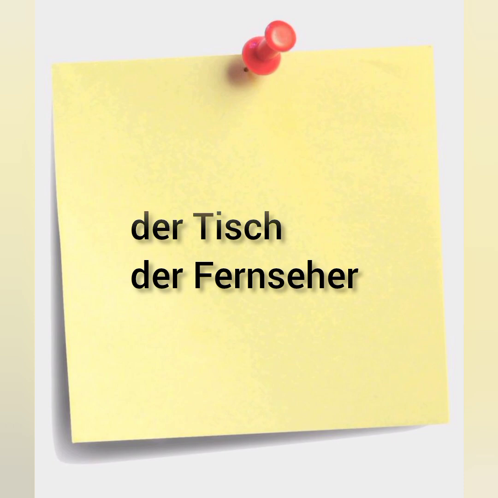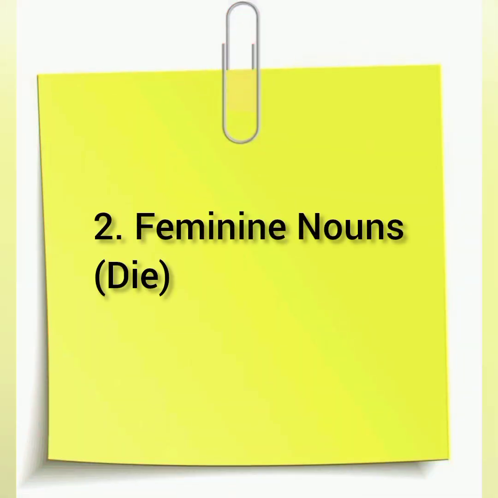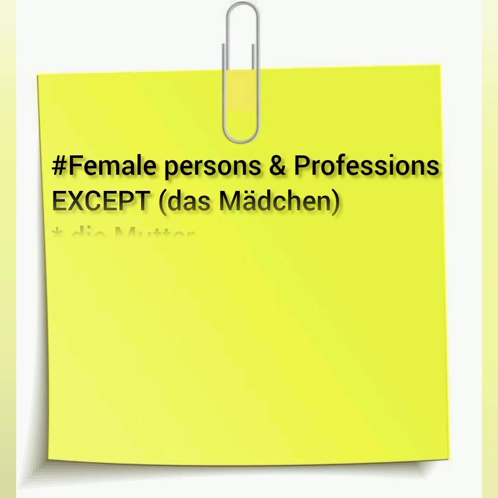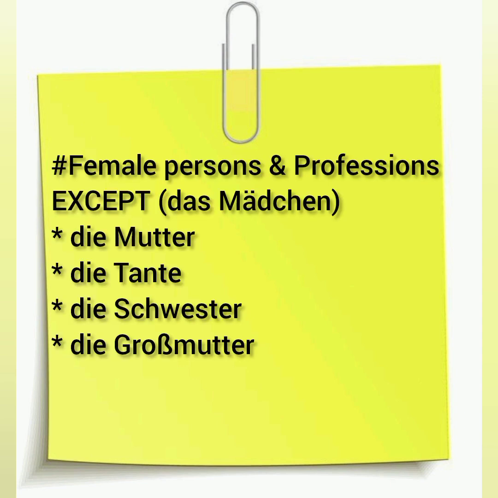Okay, let's now see the feminine nouns, the die. So which ones are feminine? Number one, female persons and professions are feminine. Please take note of this, but with some exceptions, okay?